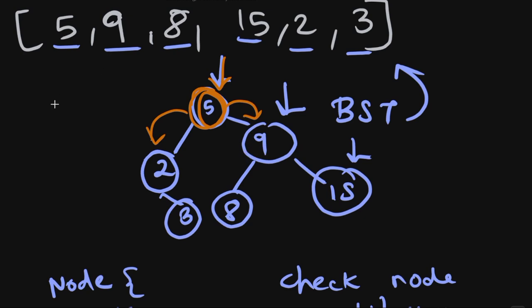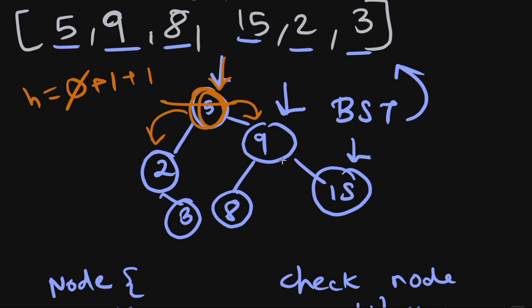Let's say I store a value of height equal to 0. So this is the 0th value. Whenever I go to the left child, I increase it by 1. Then if I again go to its child, I will increase it by 1, and I will go on doing the same thing.